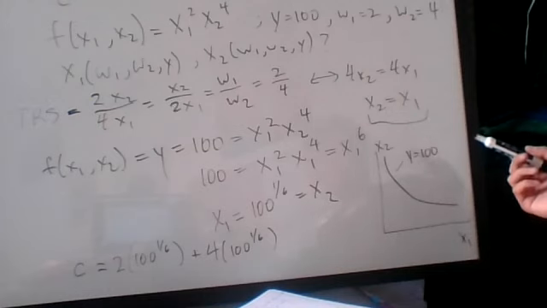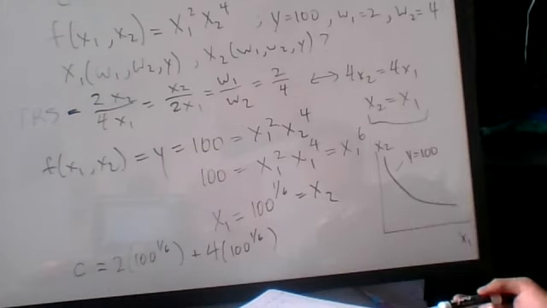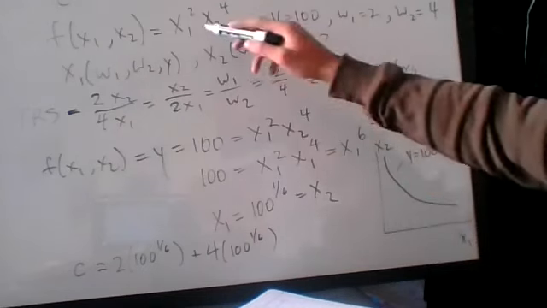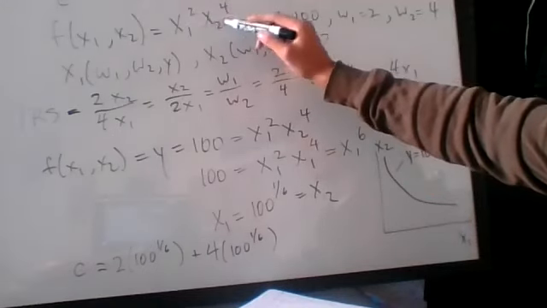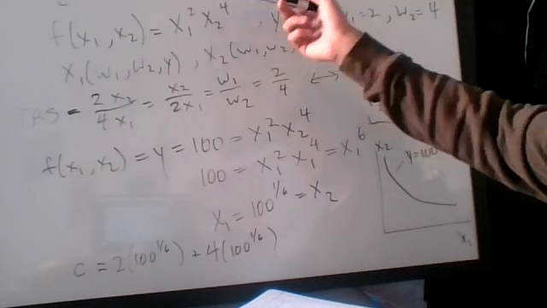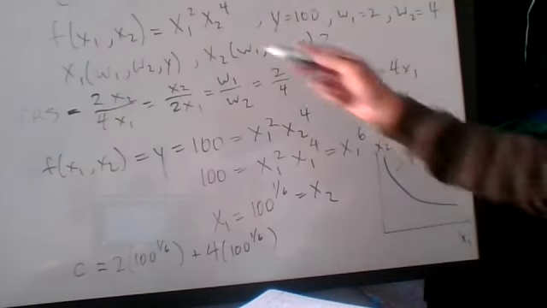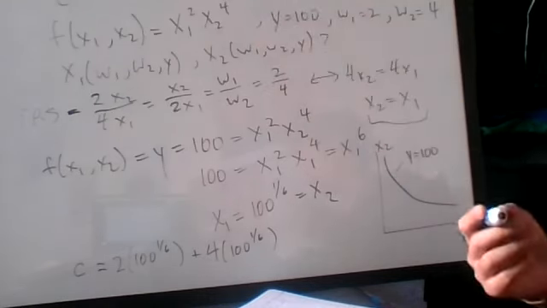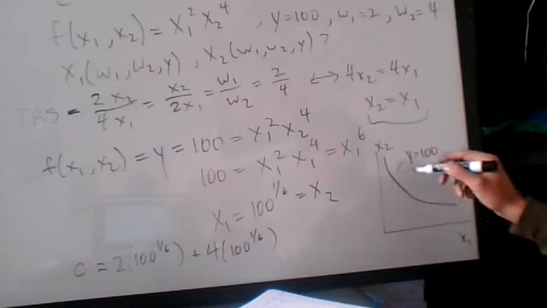For example, if we had 10 units of x1 and 1 unit of x2, that would equal 100.